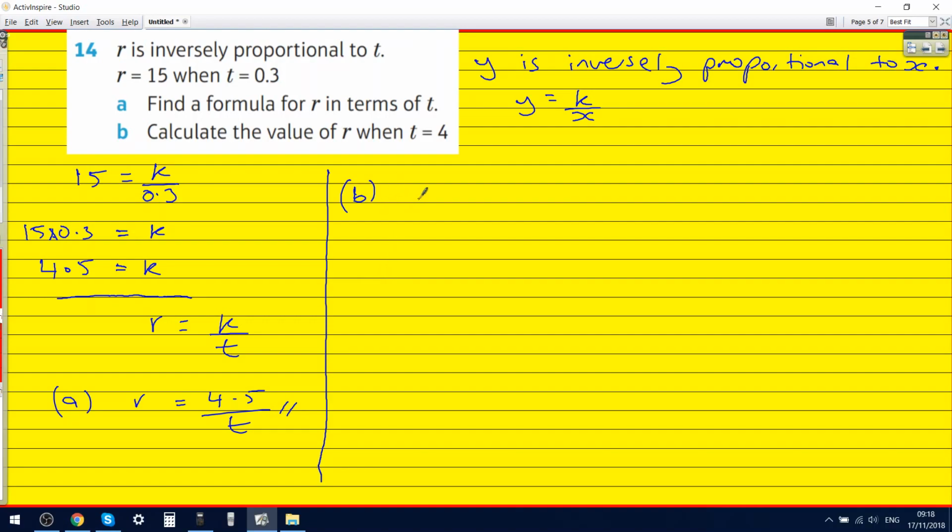So I'm just going to write this down. I think what I need to do here is find what T is when it's 0.1?